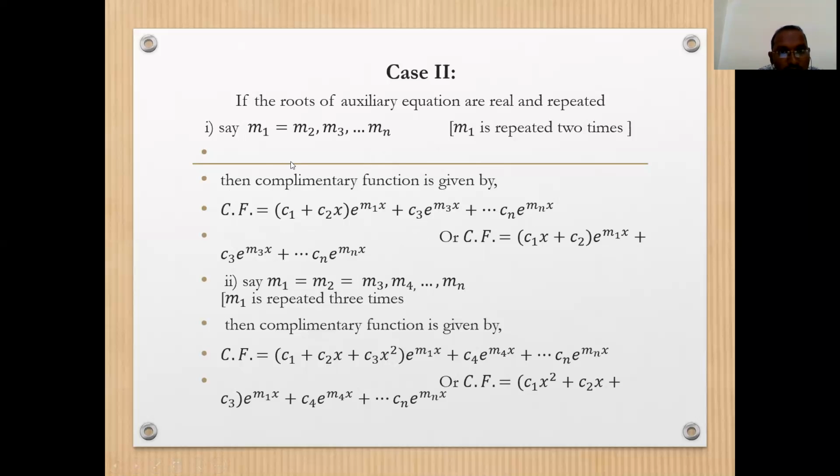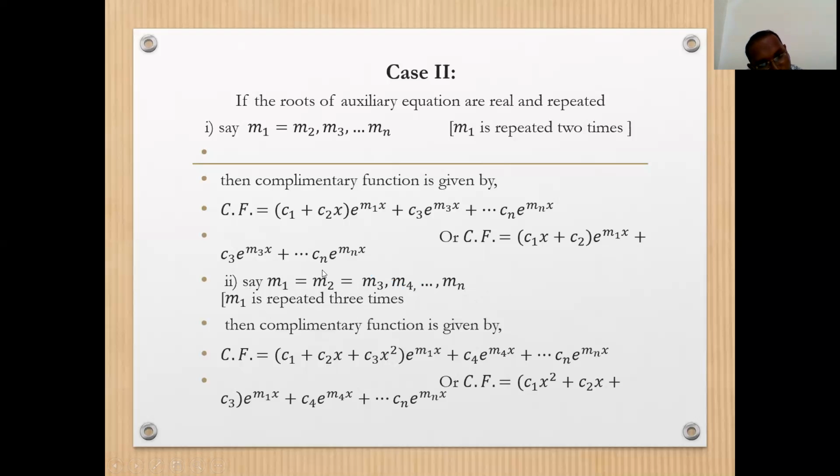Now, in case second, there is a second point. If there is one root which is repeated 3 times, suppose m1 is a root repeated 3 times, m1 is equal to m2 is equal to m3. Okay, one root is repeated 3 times, and the remaining roots are distinct: m4, m5, m6 up to mn.